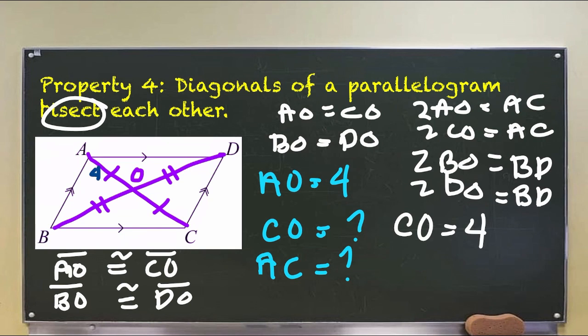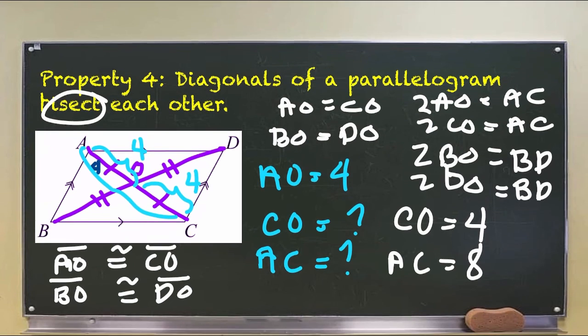Kung ang AO ay 4 at ang CO ay 4, ano ang AC? Isang buo. So, therefore, this is now 8. Property 4, diagonals of a parallelogram bisect each other.